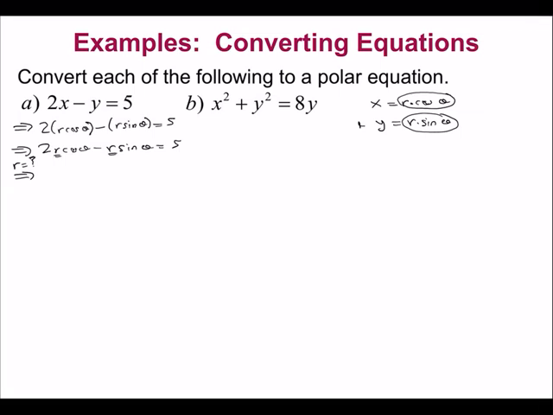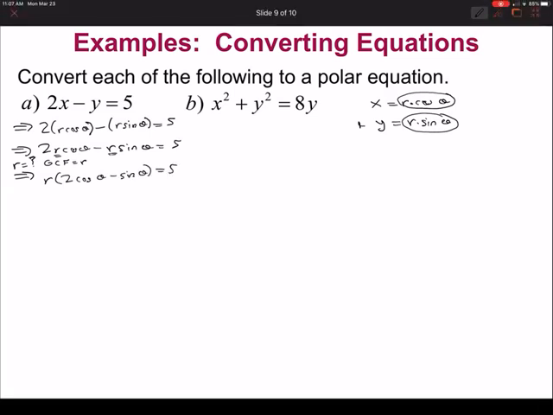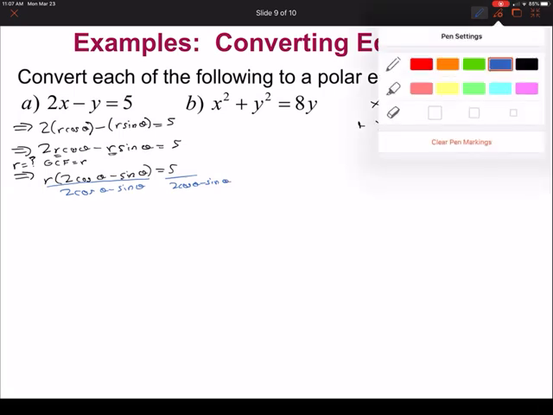Let's go ahead and solve for r. So we know right now our greatest common factor in both terms is r. So as we factor that out, we would be left with 2 cosine theta minus sine theta equal to 5. And then all we've got to do is divide out the coefficient, right? We can divide both sides by 2 cosine theta minus sine theta, and we'll have it in graphing form, this polar equation.